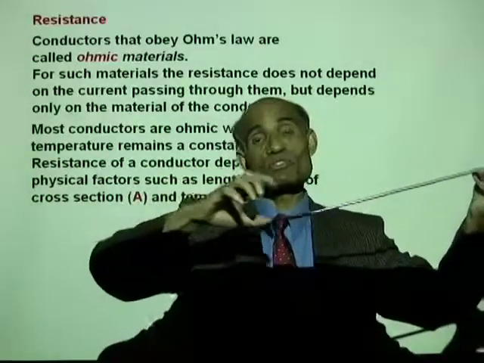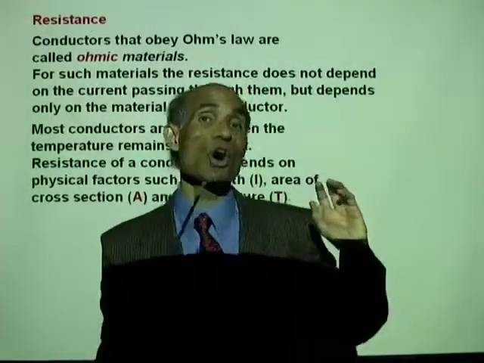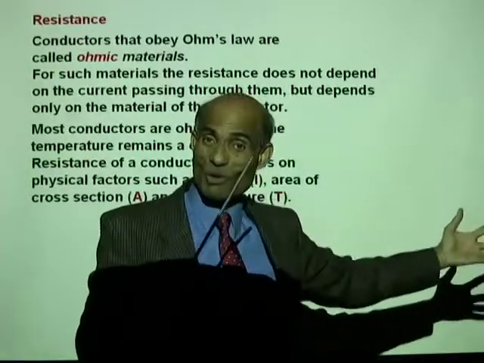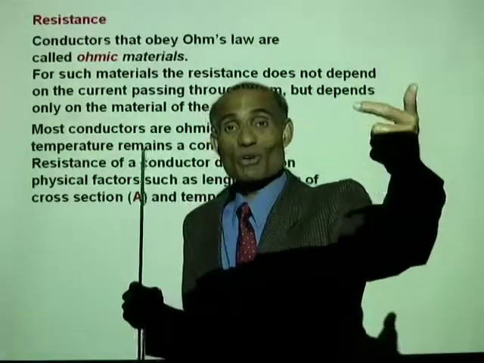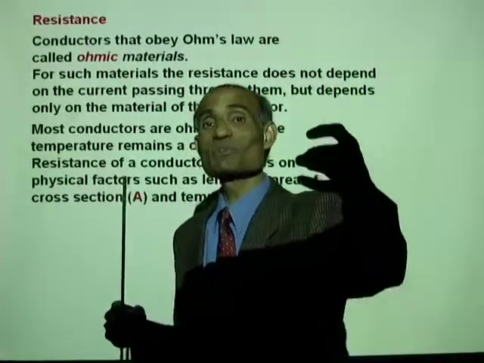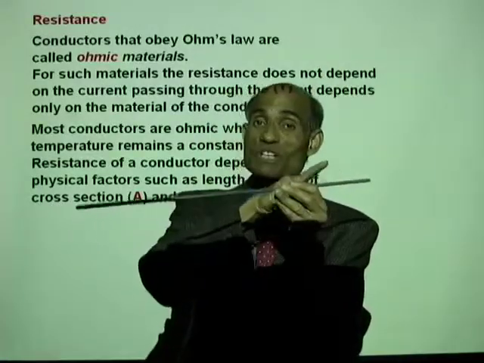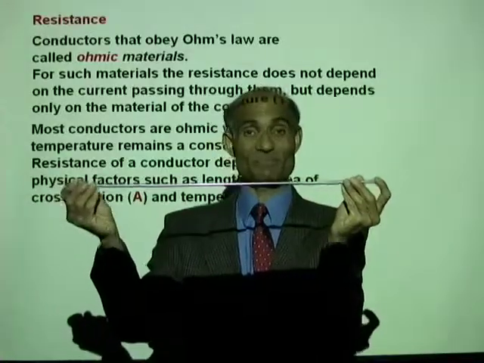That means the resistance is greater. If you have a very long corridor and a large number of people have to pass through it, as the length of the corridor increases, it will be much more difficult for the people to reach the other end. So we can say resistance is directly proportional to the length of the conductor.